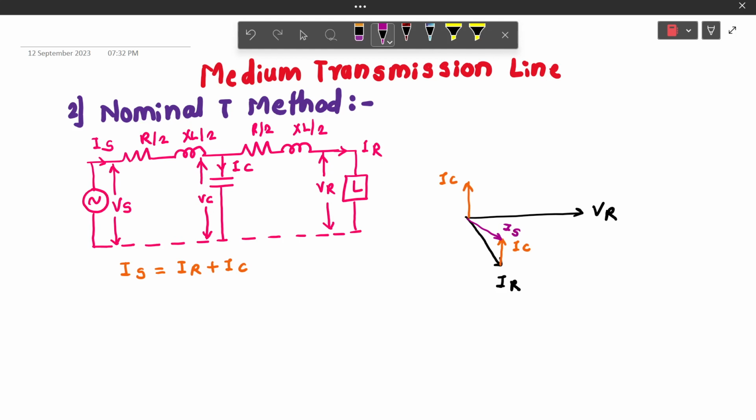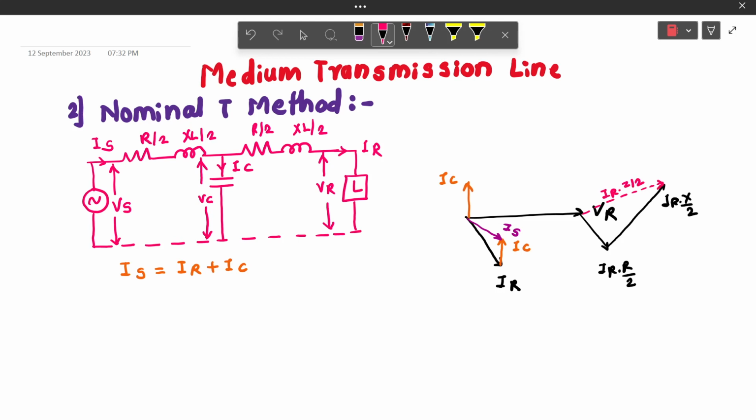Now, the voltage drop at receiving end transmission line part is parallel to IR vector as IR into R by 2. The voltage drop due to reactance is IR into X by 2 and the resultant is IR into Z by 2.